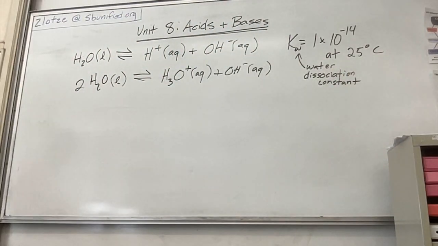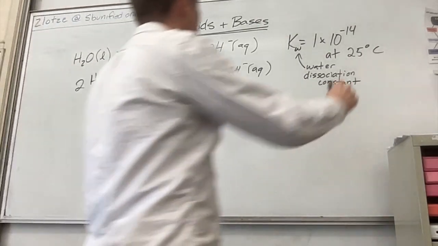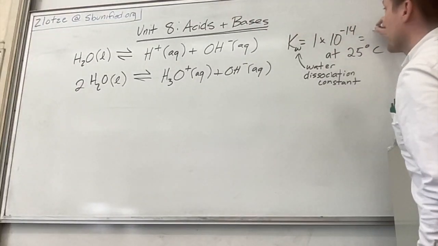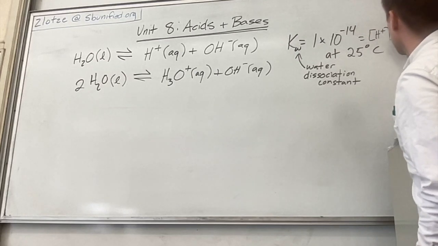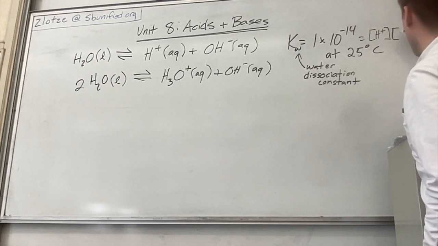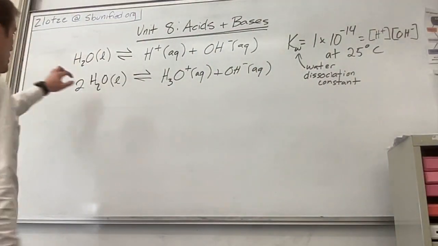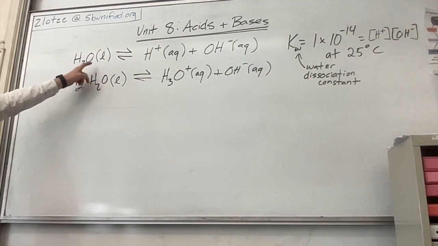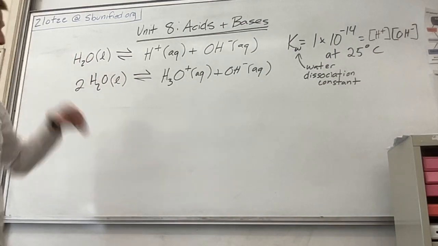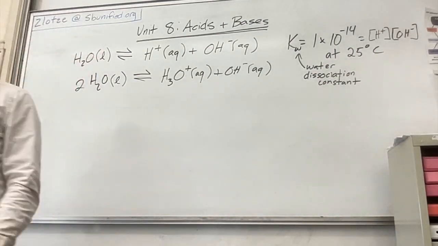Right, it's the K from unit 7, the products over reactants. So that would be the concentration of H plus to the first power times the concentration of hydroxide also to the first power, and not over the concentration of H2O, because that's a pure liquid and we leave the pure liquids out of that expression.